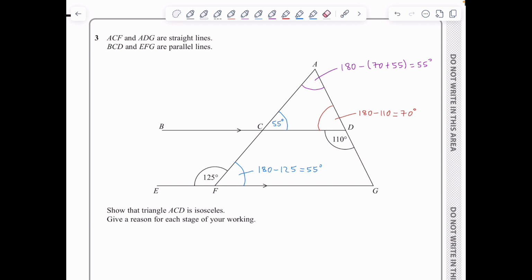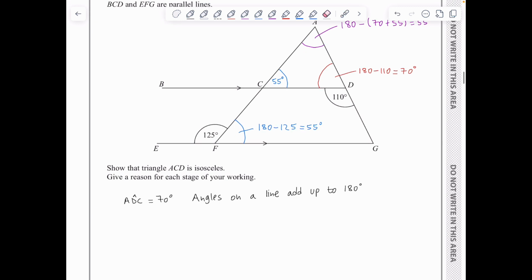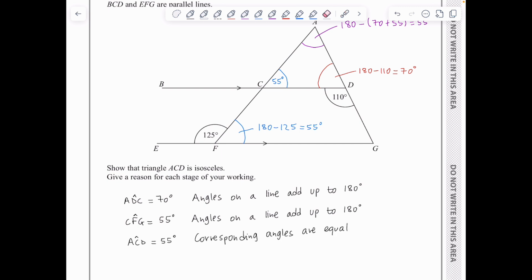So there it is. I've got 2 angles of the same size, so I need to go back and add the reasons. So let's see, the first thing we say is that ADC, the angle here is 70 degrees, angles on a line add up to 180 degrees. I will then proceed stating that CFG, the angle here is 55 degrees because angles on a line add up to 180 degrees. I will proceed with the angle ACD.